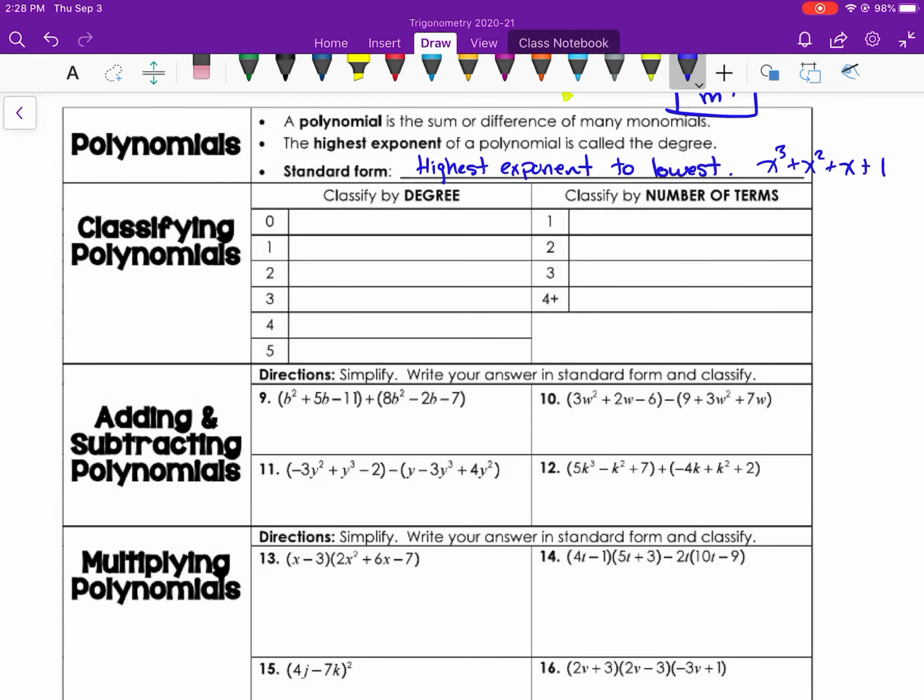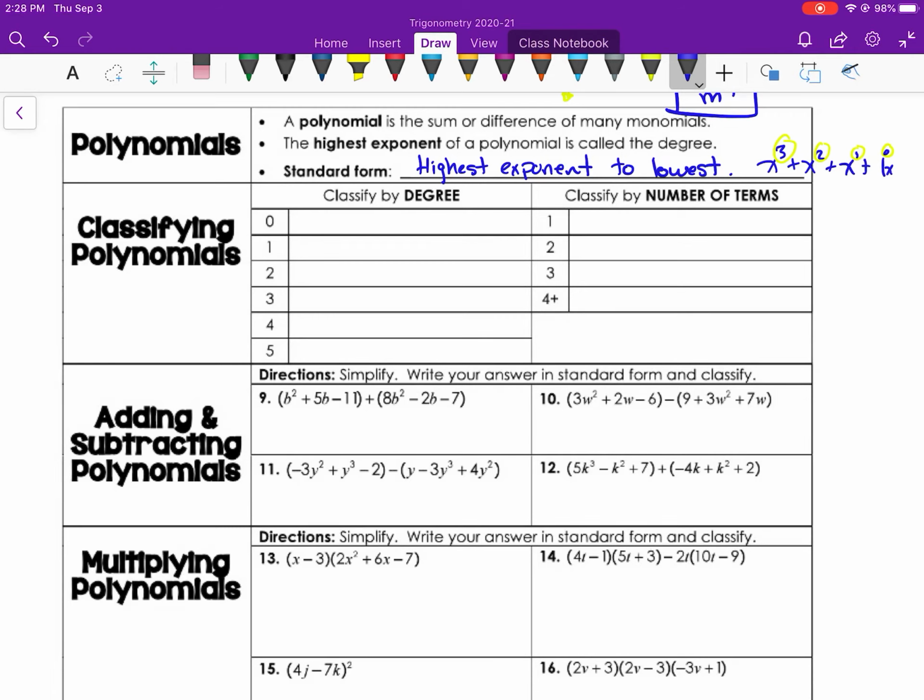So your exponents decrease. This x has a 1, which you don't write, and then the 1 has a 0 technically with it, x to the 0, if you want to get technical. So you always have to write it from highest exponent to lowest exponent. Very important.